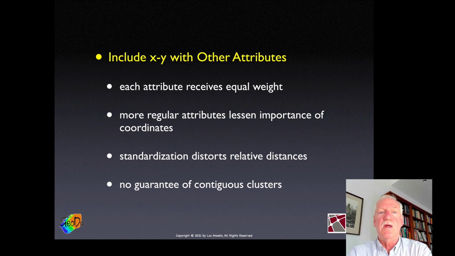On the other hand, if we have only a few attributes, like in our examples, then the effect of introducing X and Y can actually help. This is an example of a soft spatial constraint in that it nudges the solution towards the centroids of the X and Y coordinates for the clusters, but it doesn't force them to be contiguous.